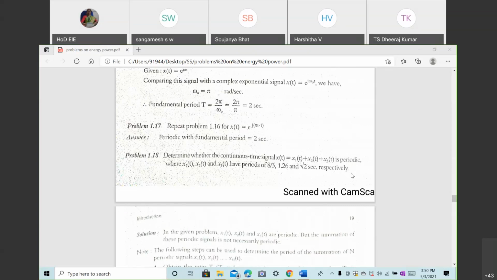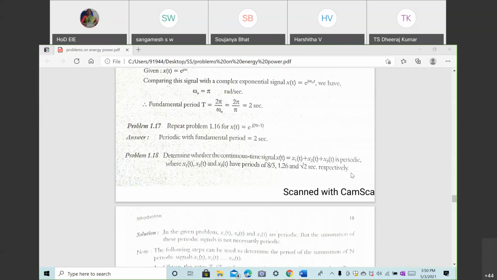Here a combined signal is there, a combination of x1 of t, x2 of t, x3 of t. All these three signals have different periods. The first has 8 by 3, which we calculated earlier. The second has 1.26. The third has square root of 2, that is 1.414.